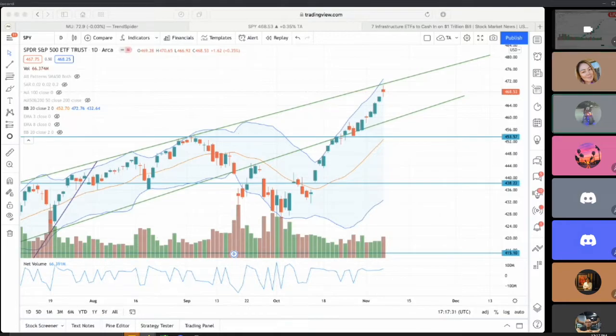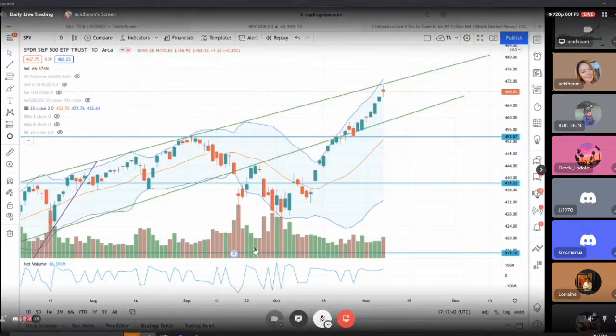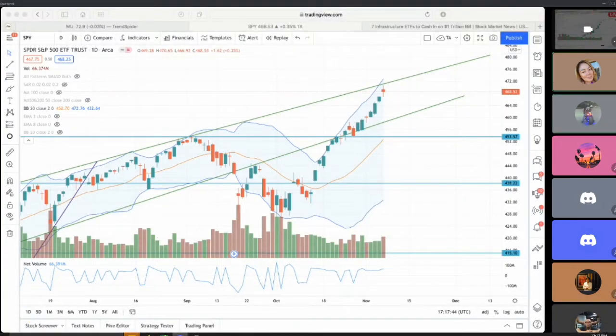Okay, upward trend. So with that being said, we did have a lot of successful SPY calls, right? By following the flow that Bull and Knock played, and I also followed them. So for those of you who played that SPY, congratulations. So we're back to upward trend line.